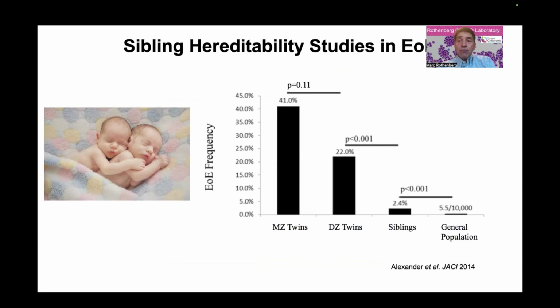We asked patients around the world to send us information about their EoE if they were twins. And we also got their DNA samples. Interestingly, we had a number of people from Australia that signed up for this registry. And we found some very interesting findings. One was that indeed there is a genetic component because monozygotic twins had a 40% concordance rate.